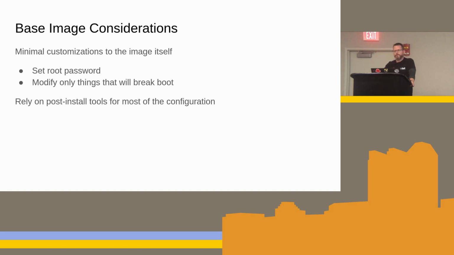So you're booting from an image. You're going to have to customize the image, right? At the minimum, you're going to have to set the root password because if it doesn't connect to the network when it boots or whatever, you want to be able to get in there and troubleshoot it. But I tend to set the root password, and I will only modify stuff that will break boot.